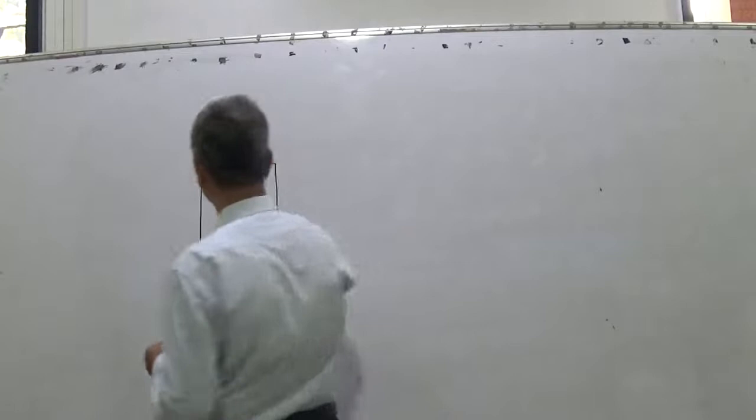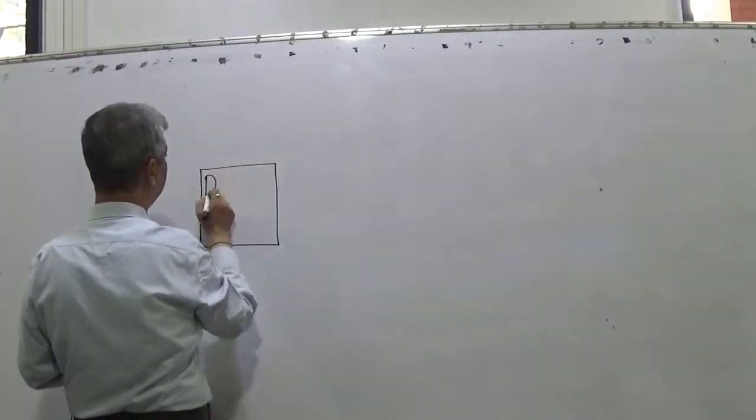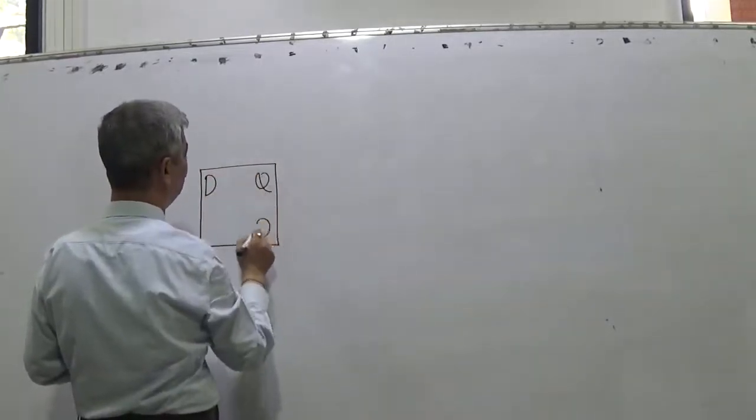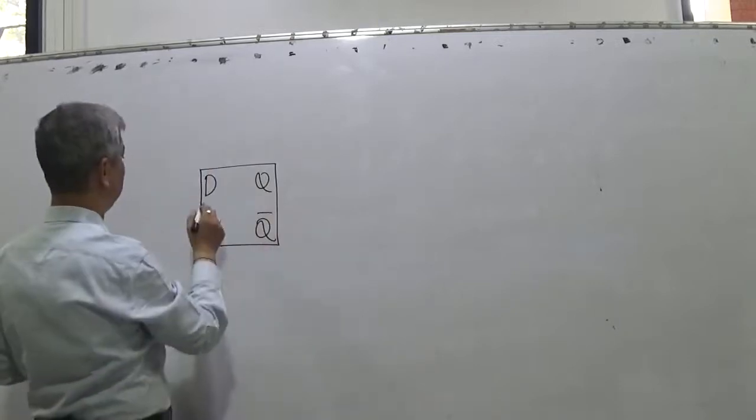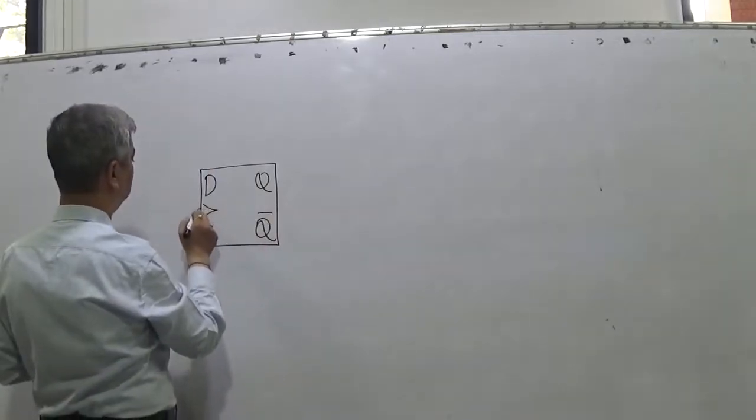So the D flip-flop we have seen, with D, Q and Q bar. The Q bar is normally not required in registers, and it has a clock, active low clock.